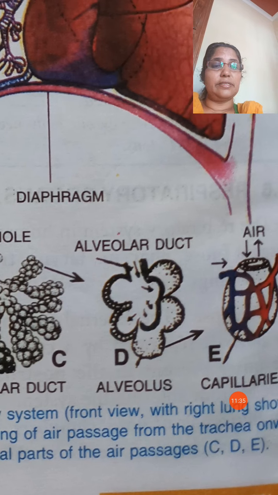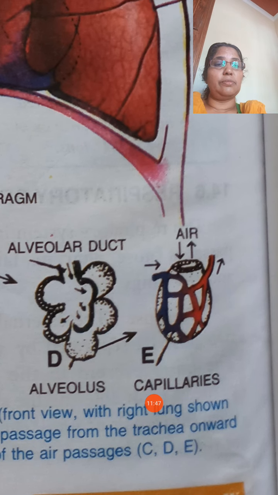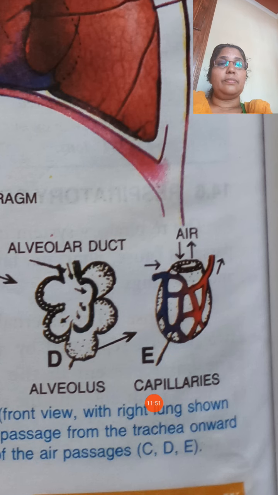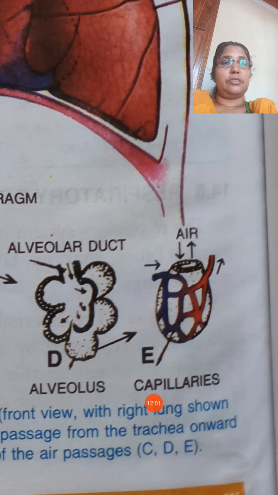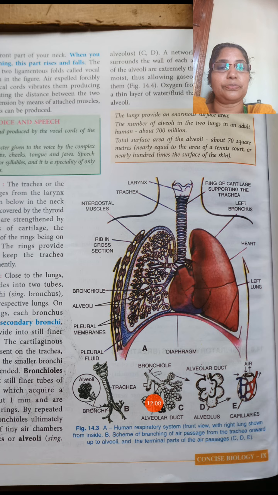Alveoli will be like this, and around the alveoli impure blood is carried into the lungs through the capillaries, and air exchange occurs there, and the small capillaries carry the pure blood into the heart to pump it to different parts of the body. That is how it happens.